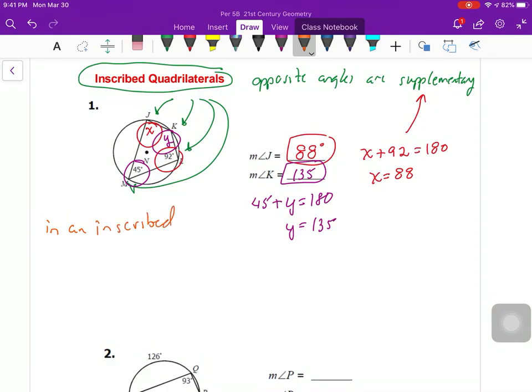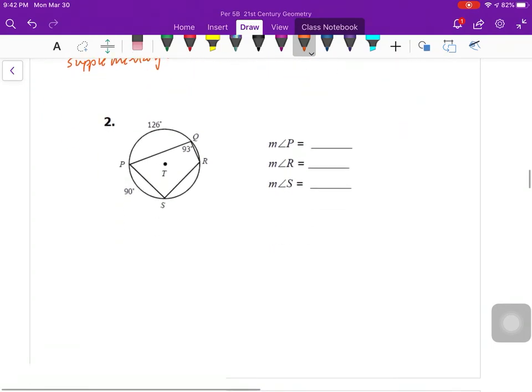And the reason is, in an inscribed quadrilateral, the opposite angles are supplementary.